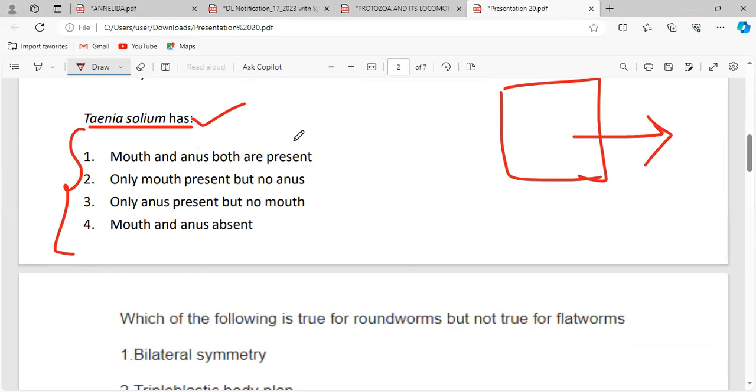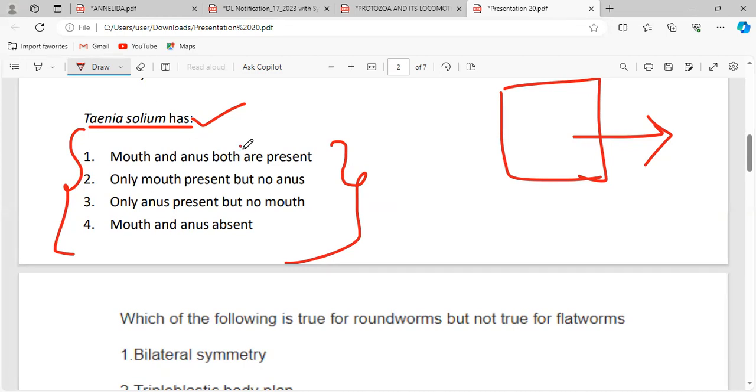But what I'm telling is, from which of the following organisms is the digestive tract complete, and which option refers to incomplete digestion? Which option refers to a complete digestive system, and which option refers to incomplete digestion? One refers to what?